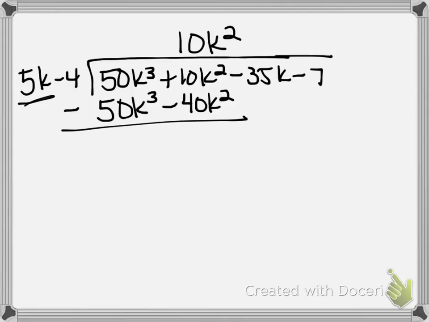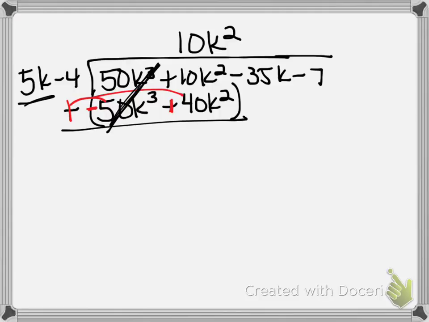So I now need to subtract this. So I need to distribute this negative, so that becomes a positive, because it becomes an addition problem when I distribute the negative. And now I have 50k cubed plus negative 50k cubed. That eliminates.